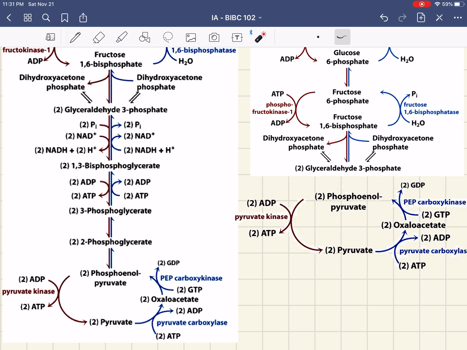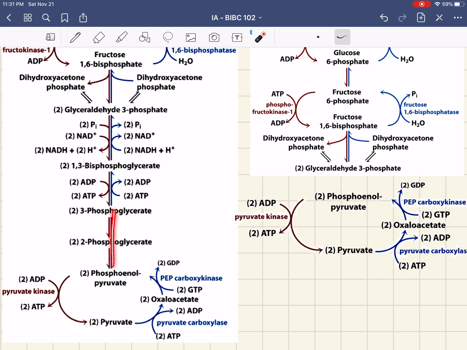Then we use a molecule of GTP and the enzyme phosphoenolpyruvate carboxykinase, or I like to call it PEPCK, and that turns oxaloacetate into phosphoenolpyruvate. Now, we're done with the first step. That takes a lot of energy. The rest, all the way up to here, is easy peasy, right?